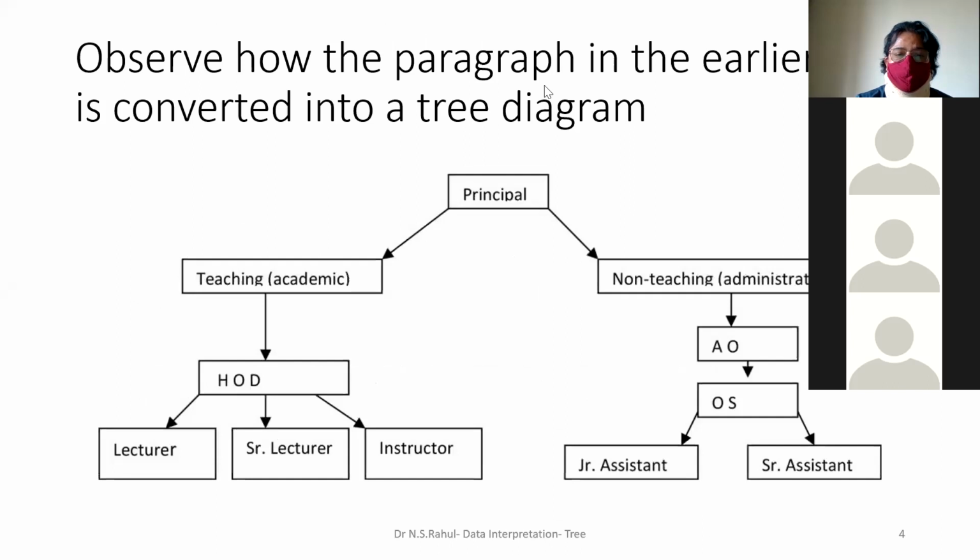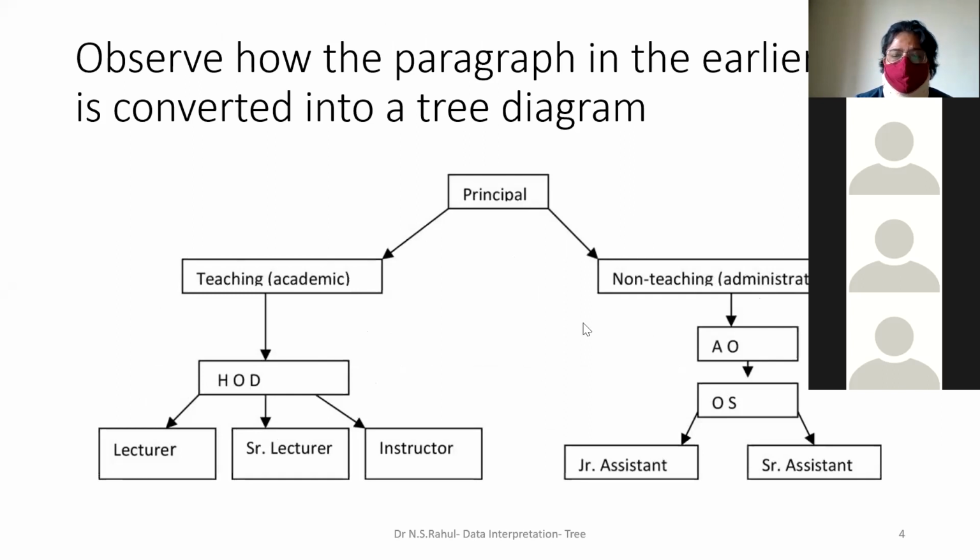Do you know that? Yes, sir. And in non-teaching, that is administration, the administrative officer is there, the office superintendent is there, and one is senior assistant and one is junior assistant.